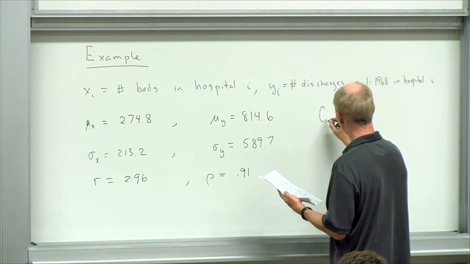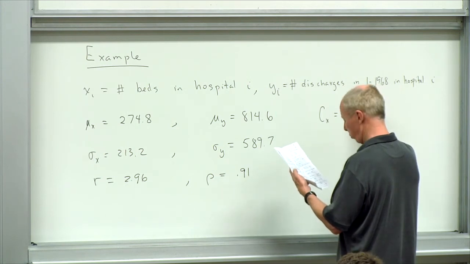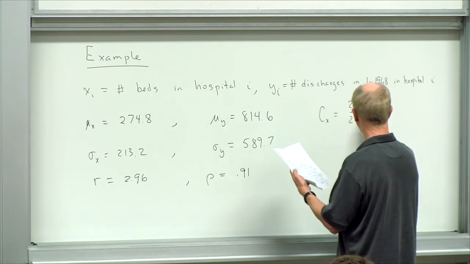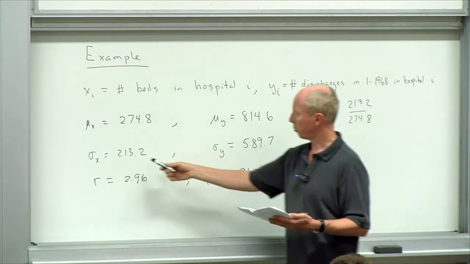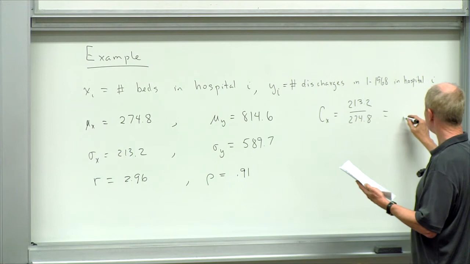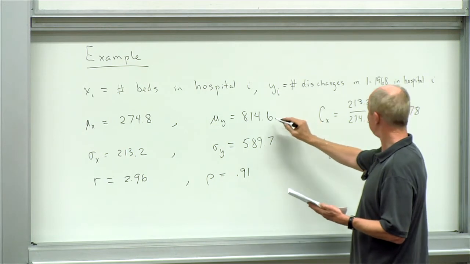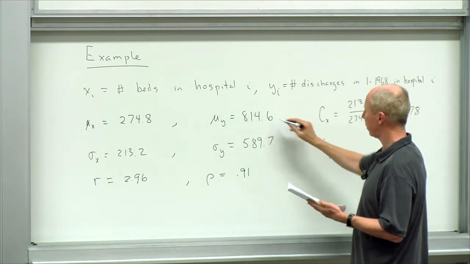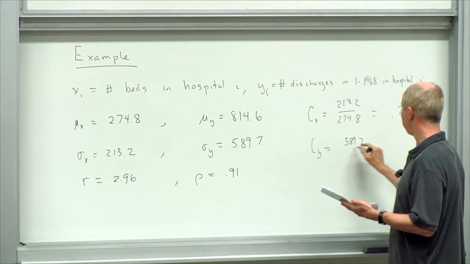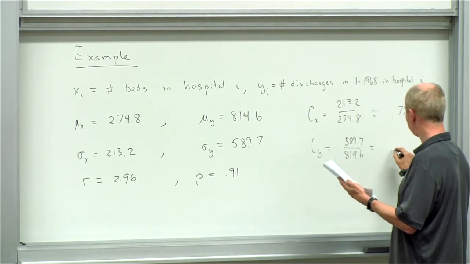I computed Cx and Cy for these, and Cx would be 213.2 over 274.8, right? This divided by this. And that turns out to be 0.78. C sub y is this divided by this, right? 589.7 divided by 814.6, and that's 0.72.